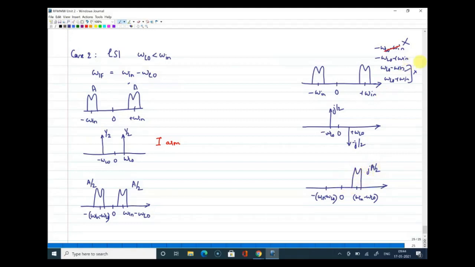But this component, omega LO minus omega in, which is the same as minus of omega in minus omega LO, will have an amplitude of minus j into A by 2. Is this clear? I have just performed the same operation in the frequency domain, and this is the I arm, and what I have on the other side is the Q arm.